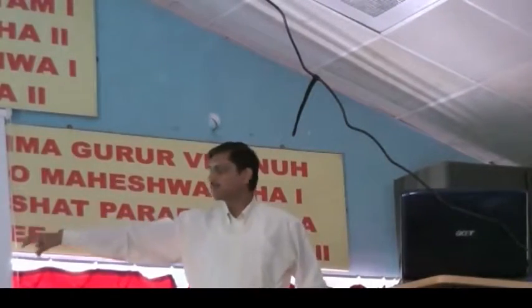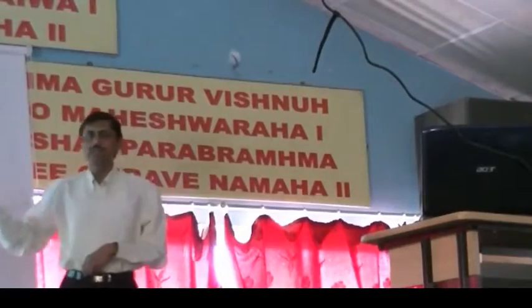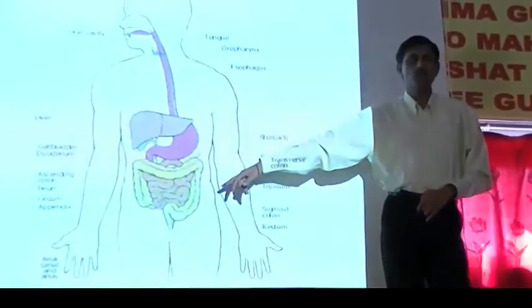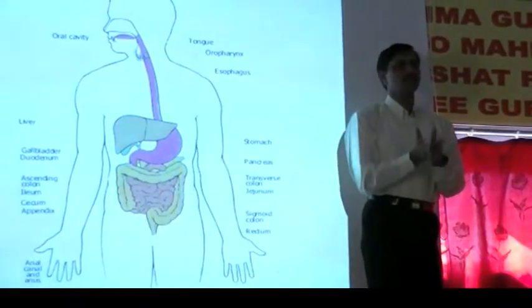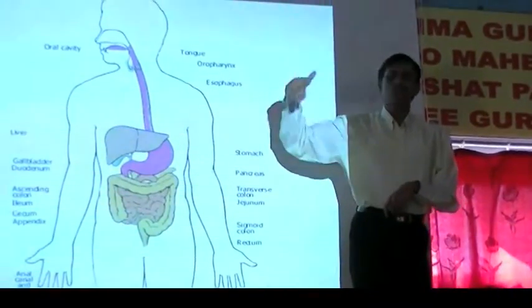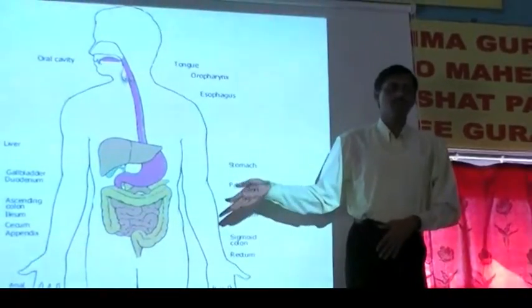It slowly starts accumulating in the large intestine. And once enough undigested, non-utilized food has accumulated, a signal goes to the brain that the intestines are full of undigested food, and then the brain controls the process of evacuation to throw out the undigested food.